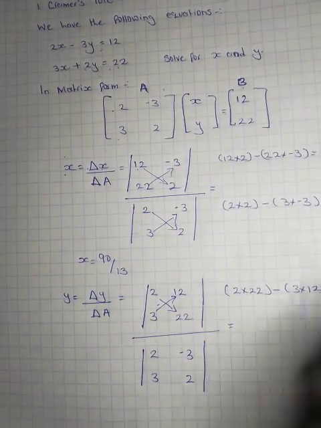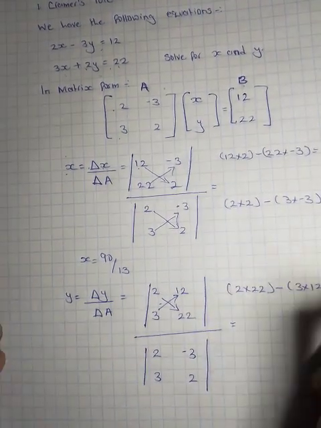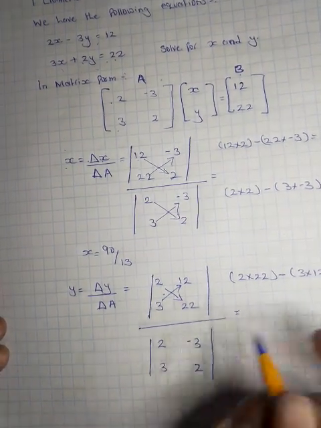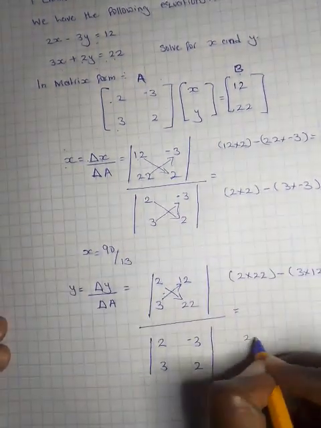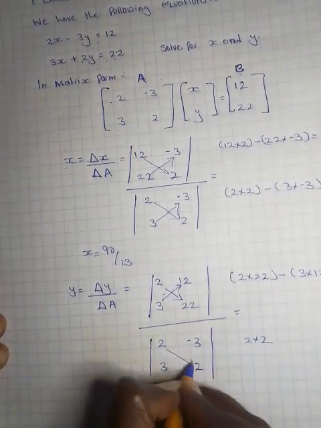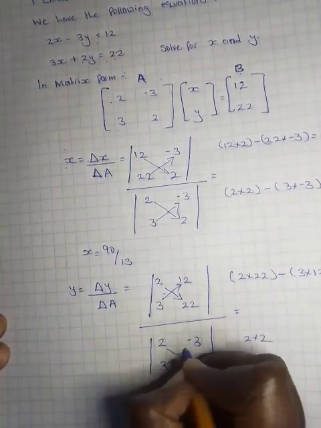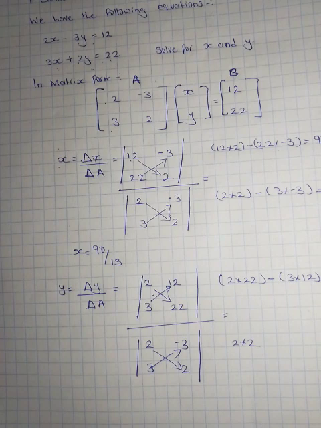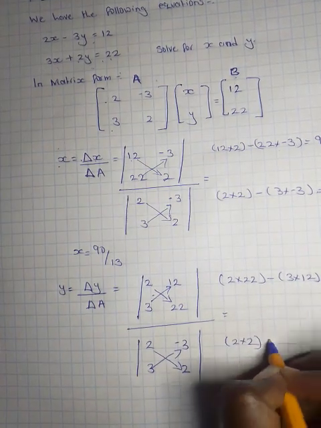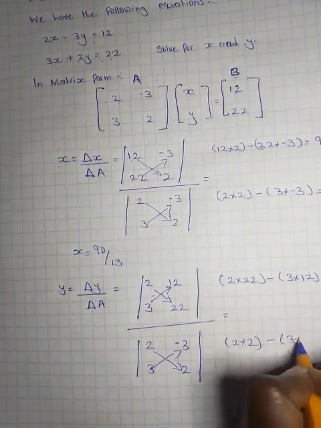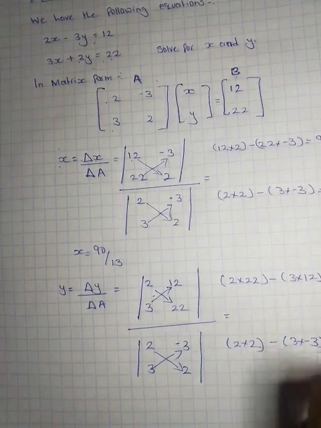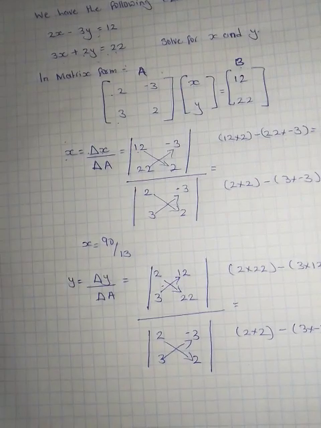That should be 8. And then the other one is the same, but let's just write it down. Remember, you're multiplying the top left to bottom right diagonal, subtracting the bottom left to top right diagonal, 3 times negative 3. That's 13. We established that earlier.